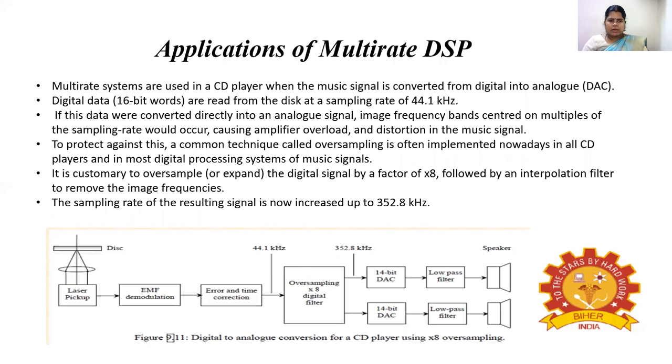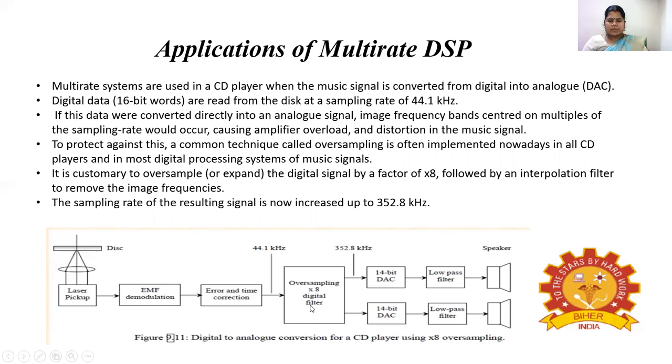In order to protect against this distortion, a common technique called oversampling is often implemented nowadays in all CD players and in most digital processing systems of music signals. So it is customary to oversample the digital signal by a factor of 8 followed by an interpolation filter.